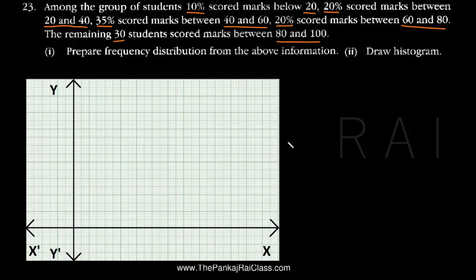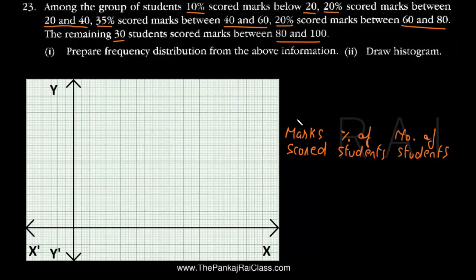So let us make a table of marks scored. Next will be percentage of students, and last will be number of students. As we can see, 10% of the students have scored marks below 20, so we can say it is 0 to 20.